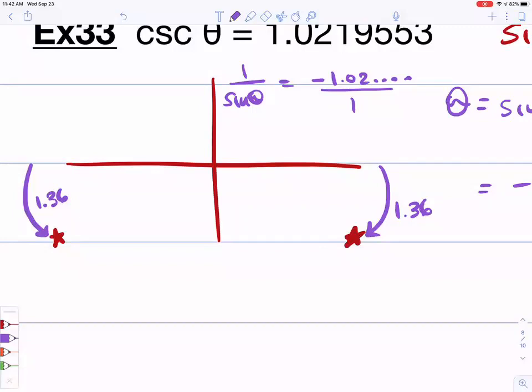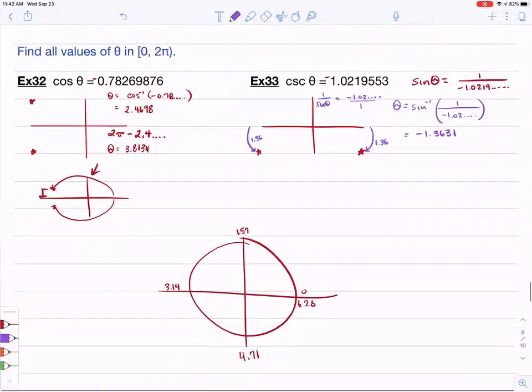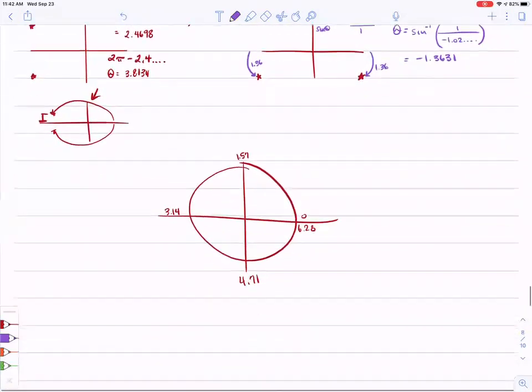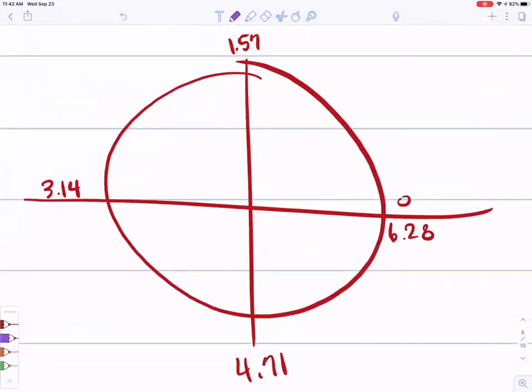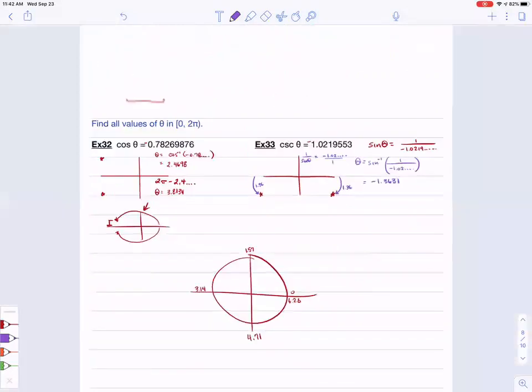Are you with me? Okay, so go ahead, just do pi minus alpha A. Does it land you in a good quadrant? Yeah, it does.